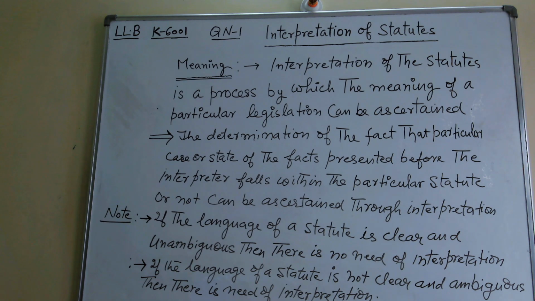Second point, if the language of a statute is not clear and is ambiguous, it means the language gives two meanings or more than two meanings, then there is a need of interpretation.